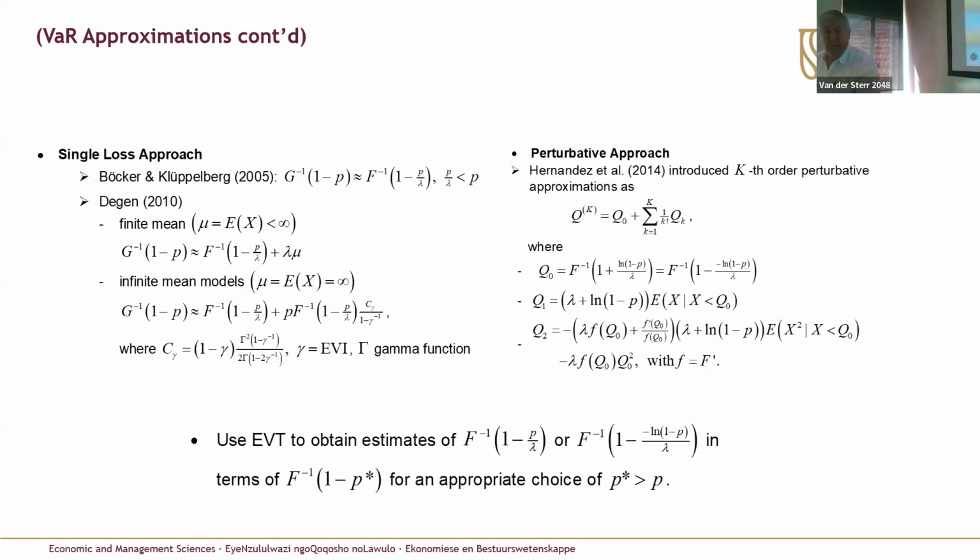Okay, so we want to use EVT to estimate those two quantiles that are needed in these approximations. Okay, this one from the single loss and this one from the perturbative. So the idea is, as a basis for what we aim to estimate, this one or that one, we want to use extreme values.